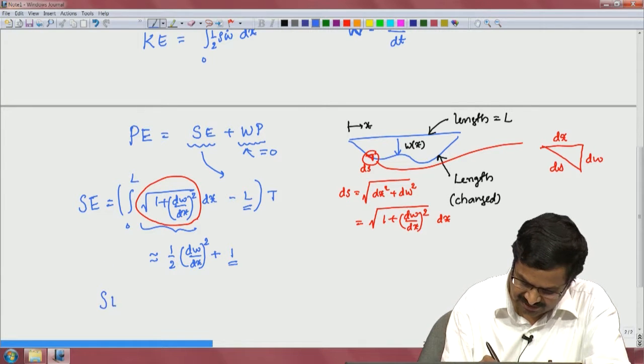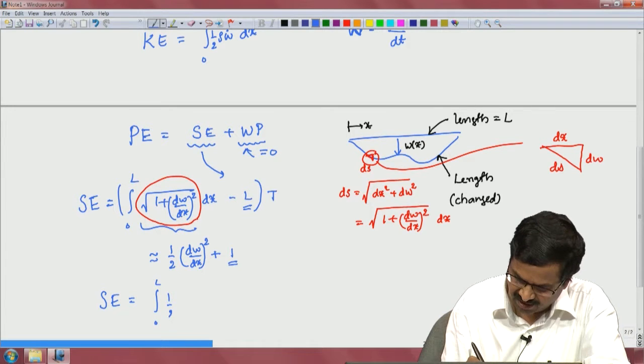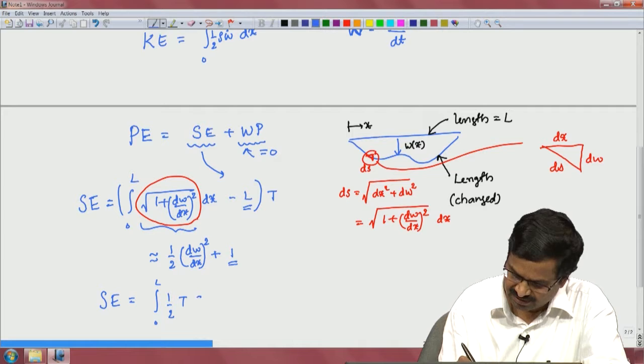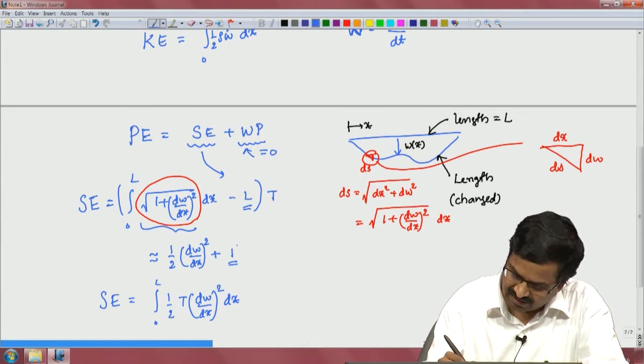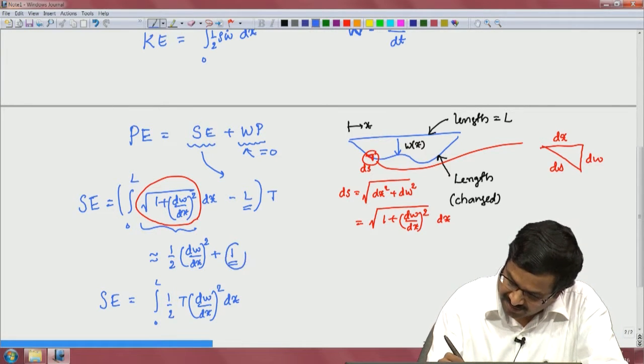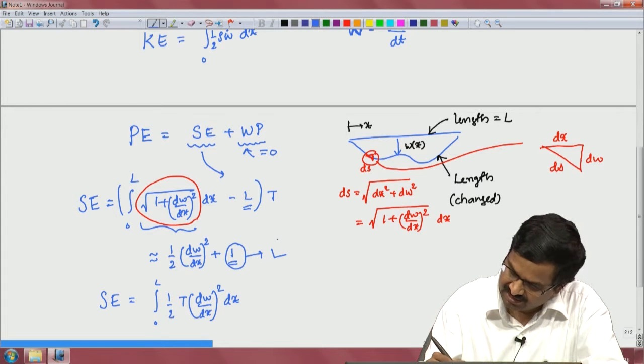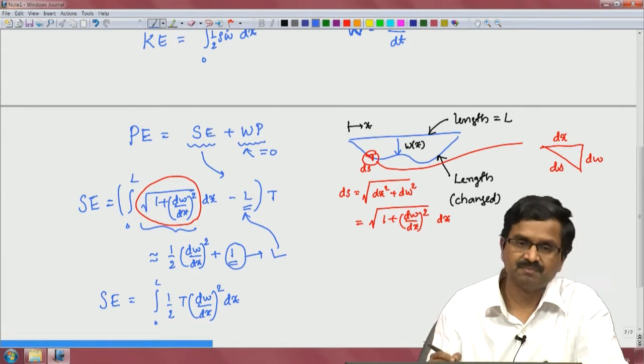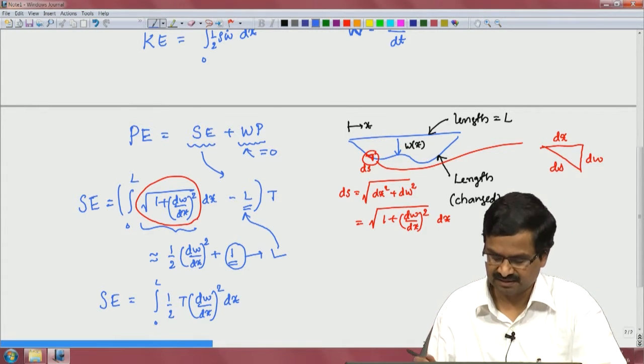So, our strain energy turns out to be the integral from 0 to L of half T into dw by dx square dx. Again, when I integrate the 1, that leads to L, and that L cancels this minus L. They cancel each other.